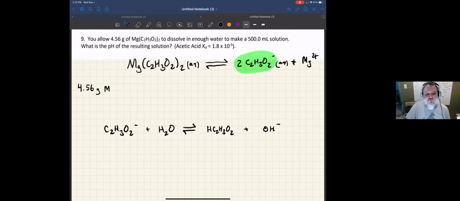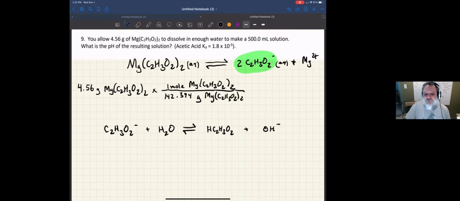In order to figure out what the equilibrium is going to be with acetate, we have to figure out the concentration of acetate in the solution. And in order to do that, we have to do some stoichiometry. So we have to take the 4.56 grams of magnesium acetate, use the molar mass of magnesium acetate to get the number of moles of magnesium acetate. But it doesn't stop there.